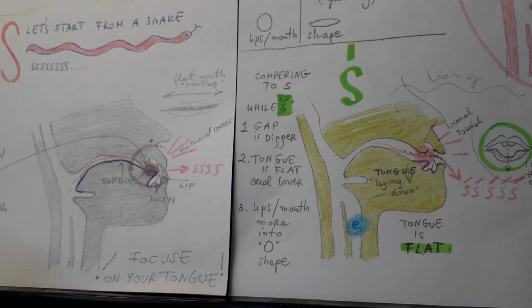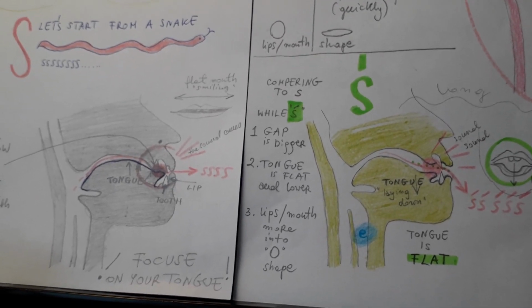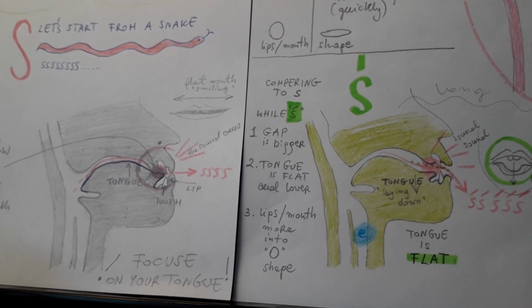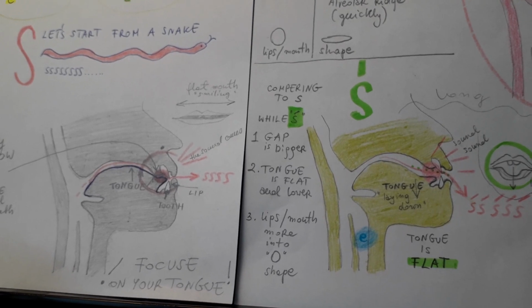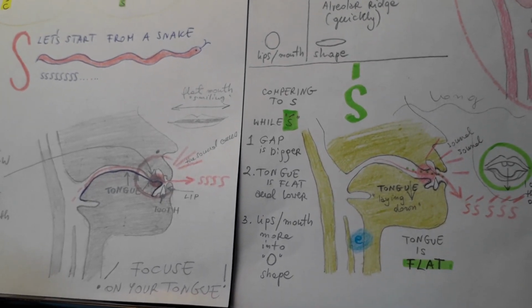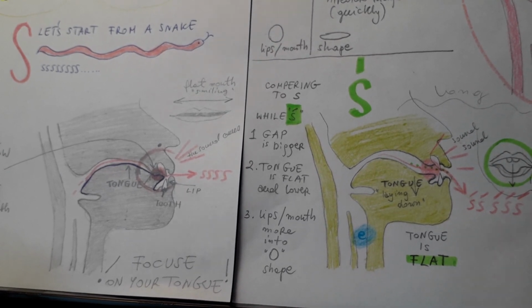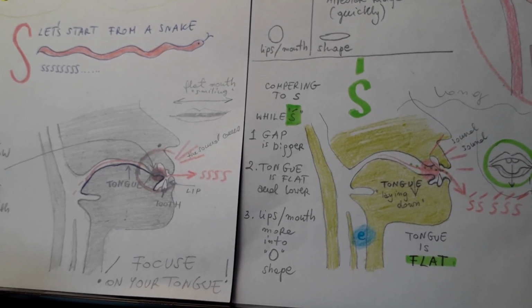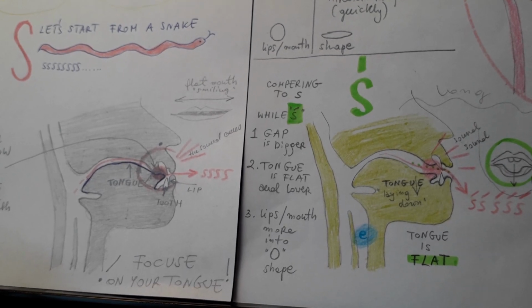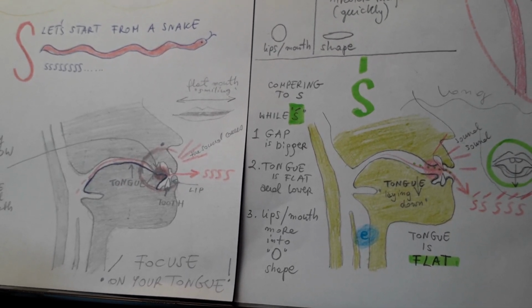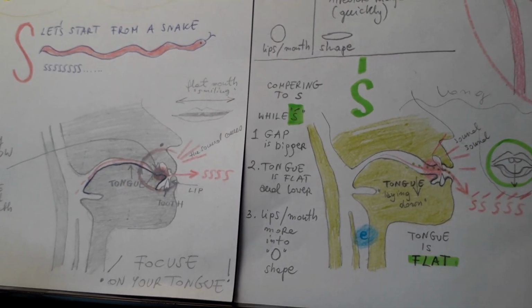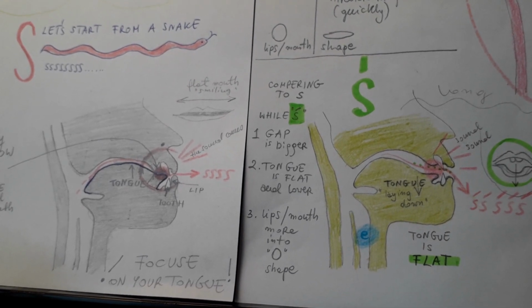So I think it could be a great exercise for you. When you make the sound of S, don't do anything else, just make the lips like you would like to say O, to make it round. From S, flat lips, to O, round lips.